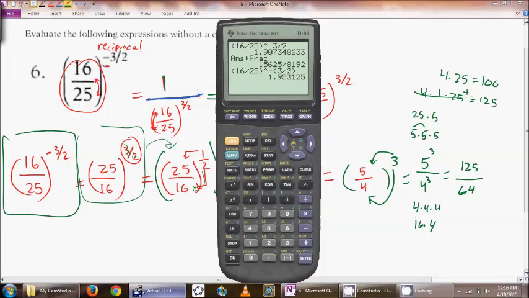I think that will change it. Yeah, that changed it. Did it change it significantly? Math, answer, fraction, and there it is. See how that negative not being in parentheses changes it a lot, okay? So you can see our solutions mirrored. 125 over 64.